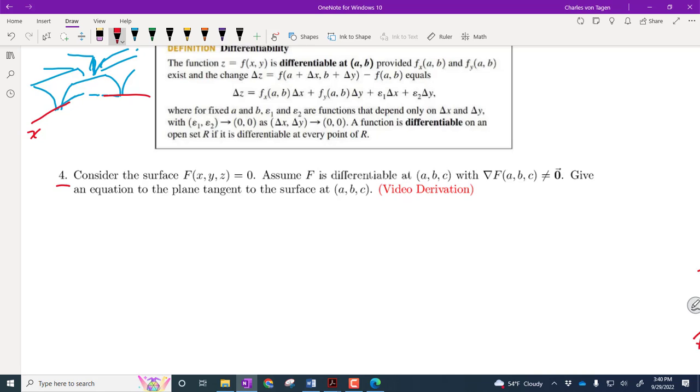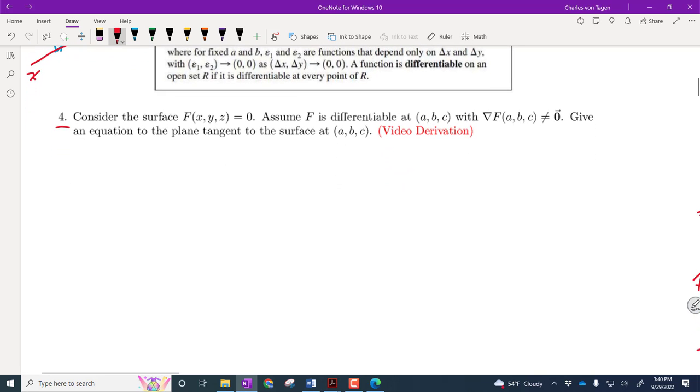Did I ask you to copy this one down? I forget. Was it 4 and 7? Okay. If you didn't get a chance to, that's okay. But here I do the video derivation of why this works. And it has everything to do with the fact that the gradient vector always points what? It points in the direction of steepest ascent.